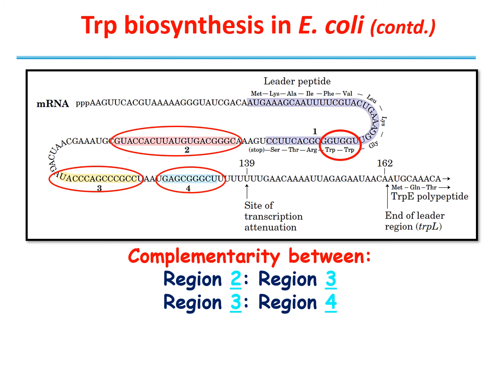Whether region 2 and 3 will bind and form a hairpin structure, or region 3 and 4 will bind and form a hairpin structure, will be decided according to the situation of the cell, and hence further will decide whether the transcription will go on or not. So these are the 4 regions which are involved in the attenuation of the tryptophan operon.